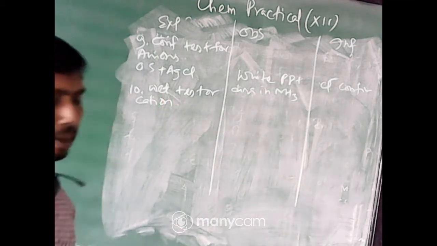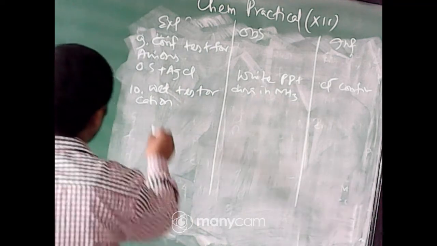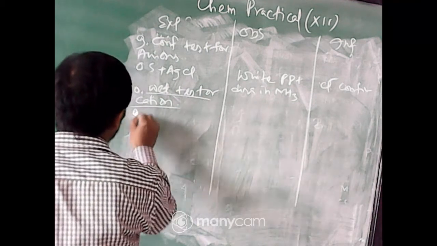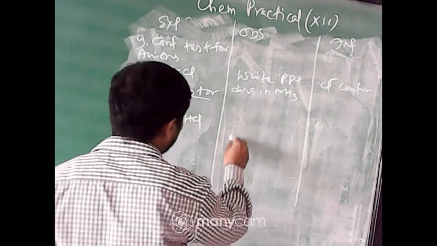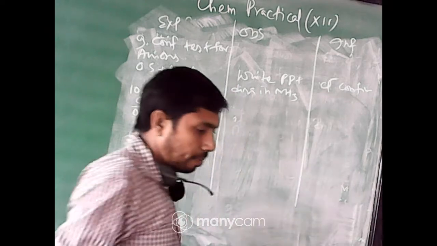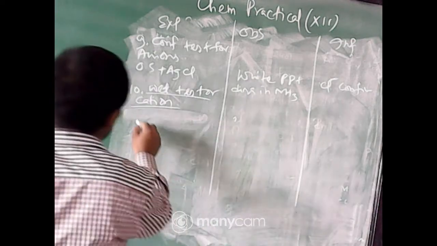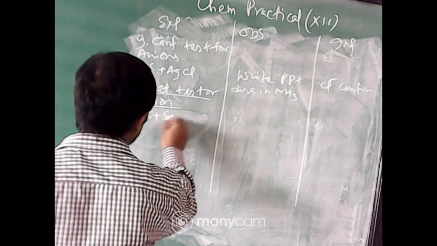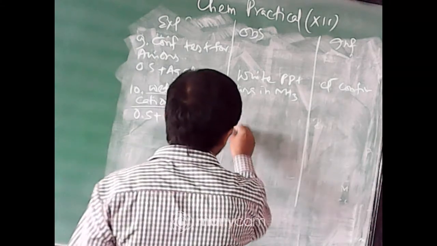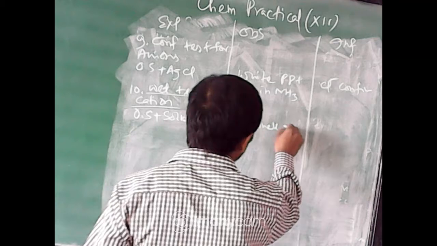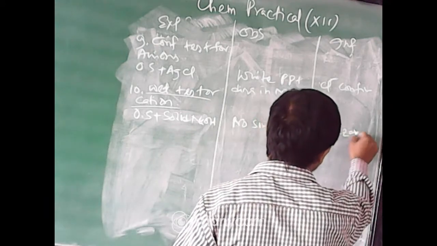So as we have to go for group separation, this is very important. Now observe it. When you write this section, first you will write in that manner: OS plus dilute HCl. Okay, before going to OS plus dilute HCl, make sure that group 0 is present or not. OS plus solid NaOH, no smell of NH3, group 0 absent.